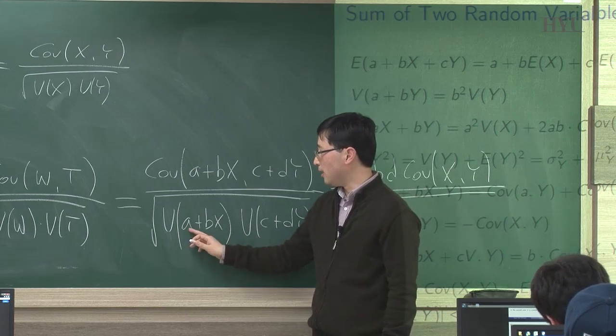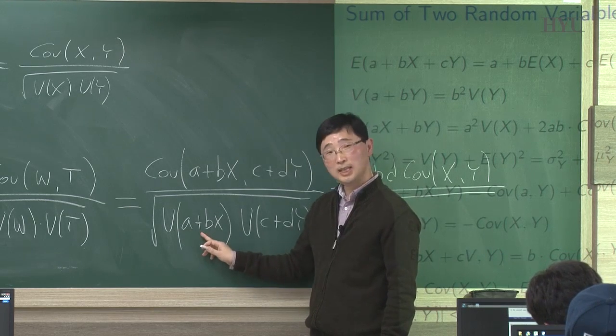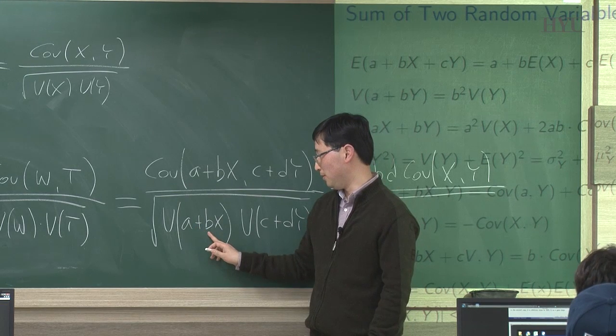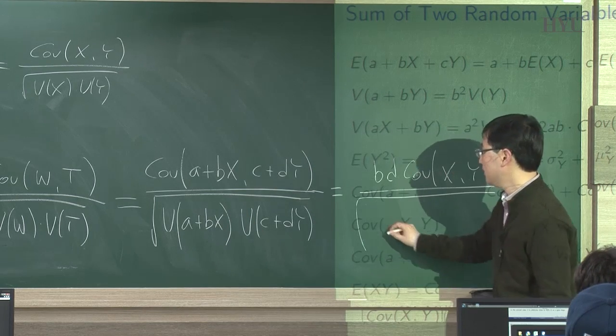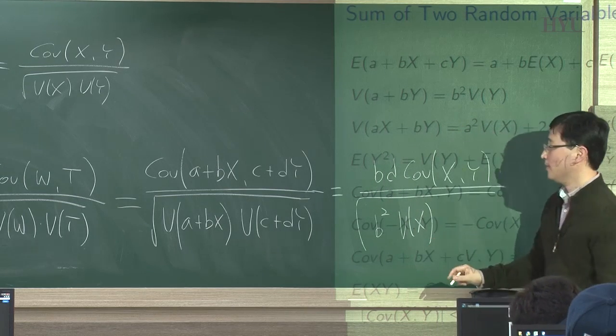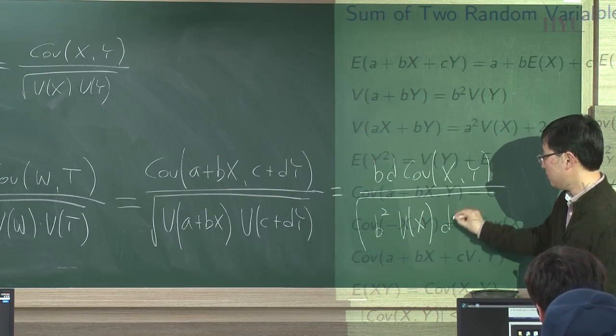Now, if you add a constant to a variance, does it change anything? Does it change the variability? No. What about B? We have to put it out, but you have to square it. Same for the second variance.